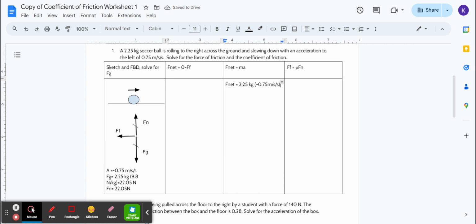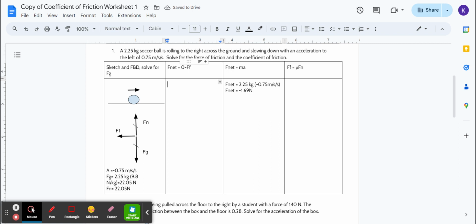So in my calculator, I do 2.25 times negative 0.75. It's negative 1.6875. I'll just round that up to 1.69. F net equals negative 1.69 newtons.